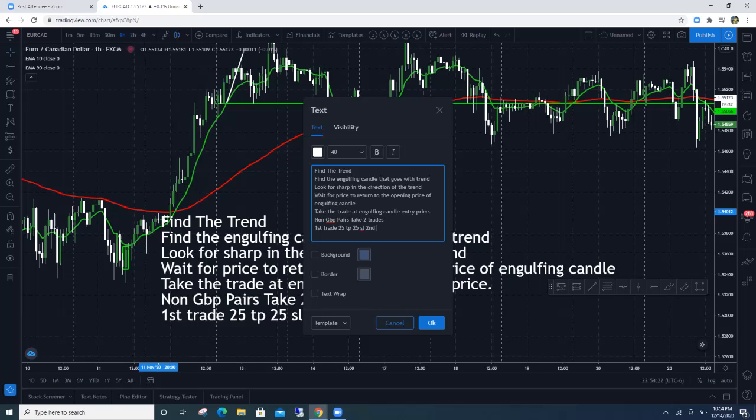The second trade has a 50 pip take profit and a 25 pip stop loss.